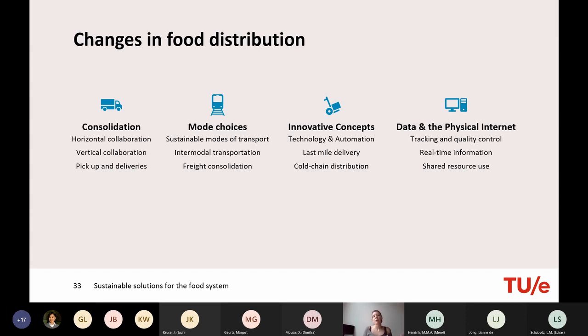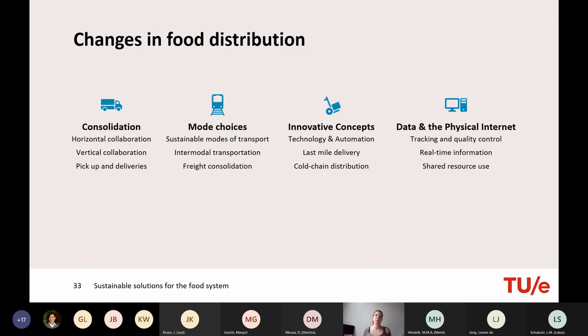And we can think about the mode choice. So maybe use some more sustainable modes of transport, like, very futuristic, maybe drones, or maybe just bicycles or solar powered vehicles or whatever. And we can look into intermodal transportation.